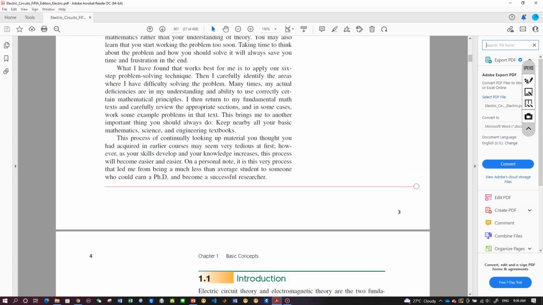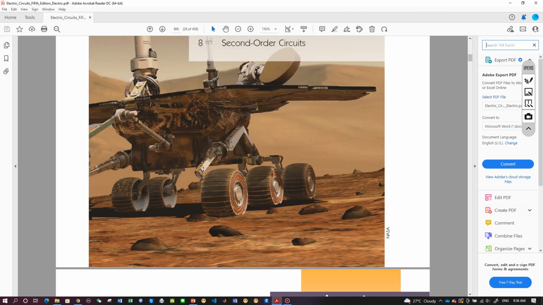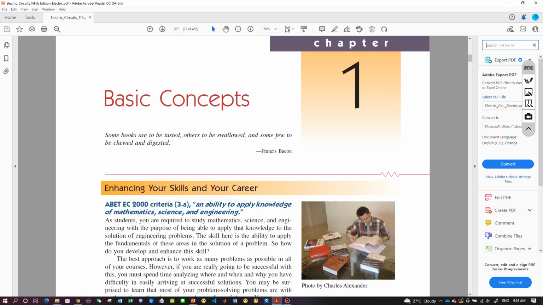Introduction. I think I know right now why there's a major difference between the 7th edition and this one. This is the 5th edition. In the newest one, the 7th edition, there is some difference.